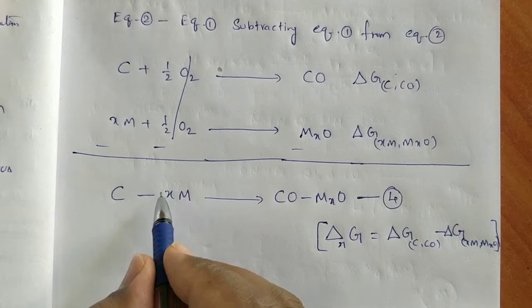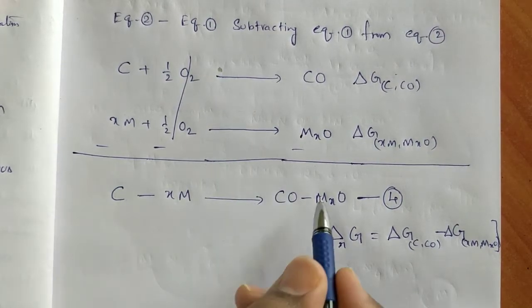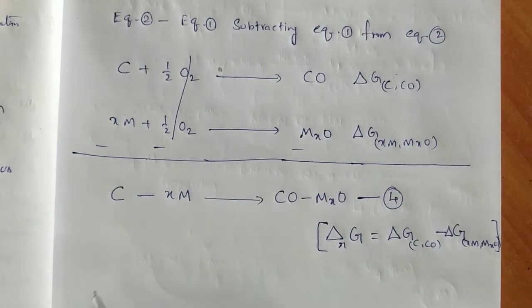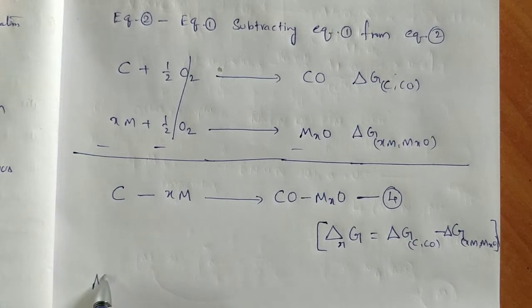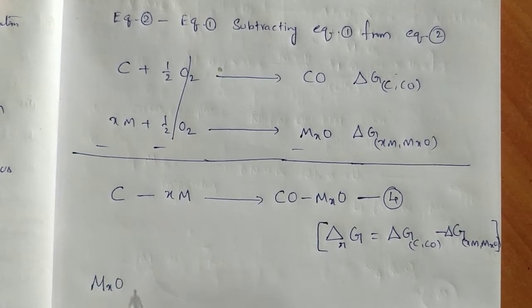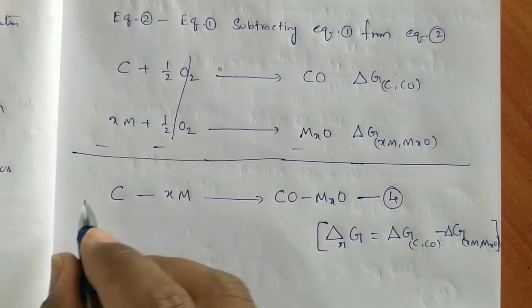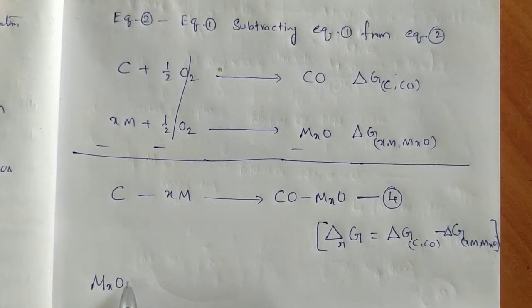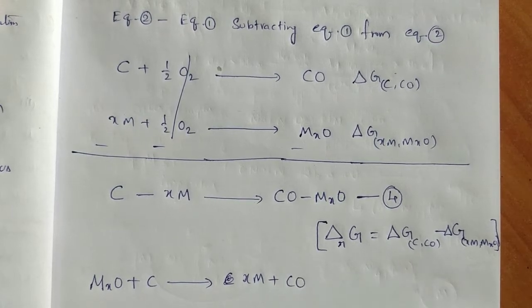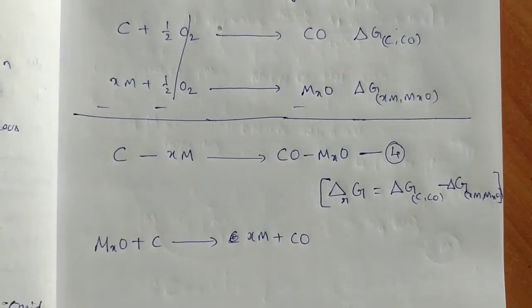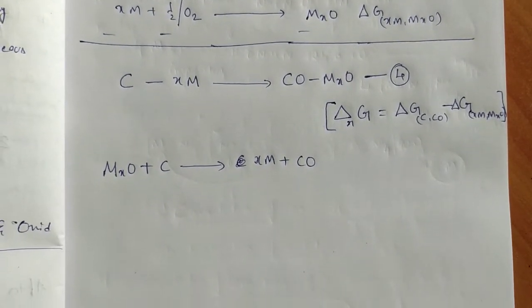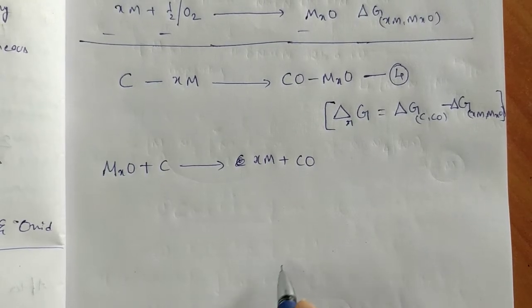This negative value I am sending to the right side and this negative value I am sending to the left side. Then you will get MXO plus C gives rise to XM plus CO. If it comes to the other side, the negative charge will become positive.